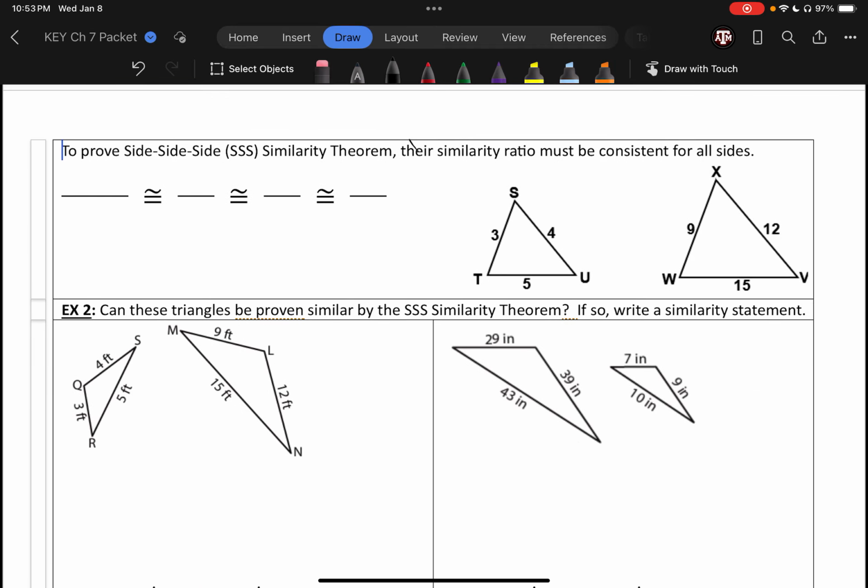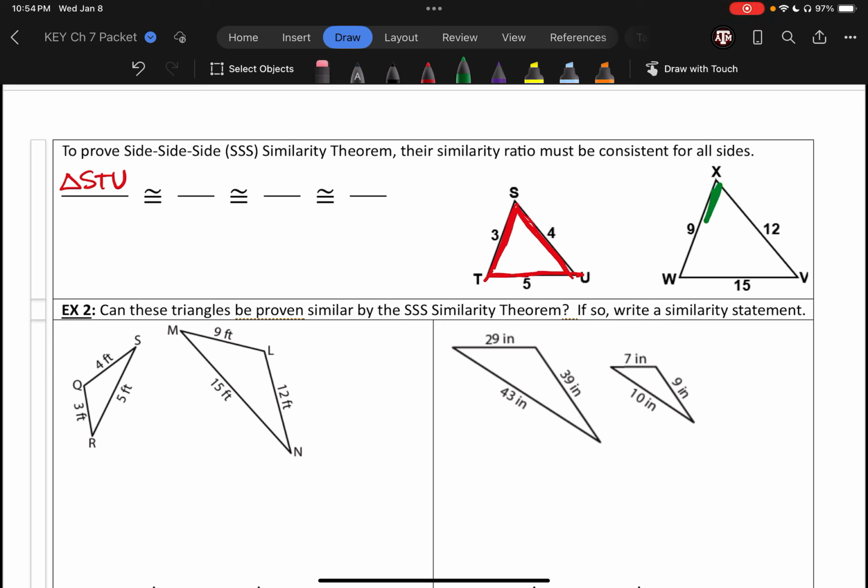So it says here that to prove the side, side, side similarity theorem, the similarity ratios must be consistent for all sides. What we mean by this is that if I start with the triangle on the left, so let's say, for example, I start with triangle STU, and I'm putting those numbers on top, you need to do that for all your ratios.